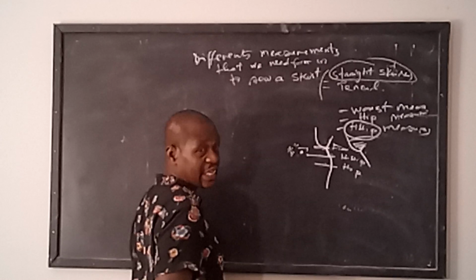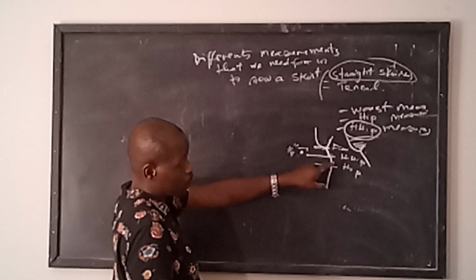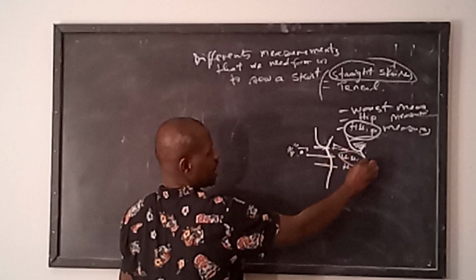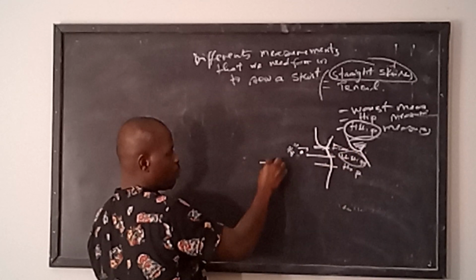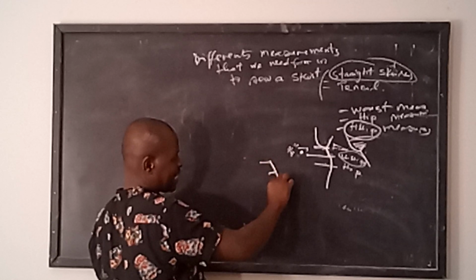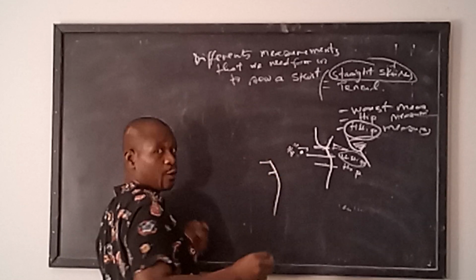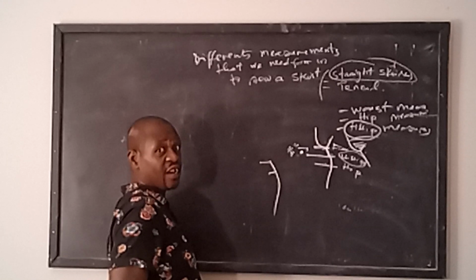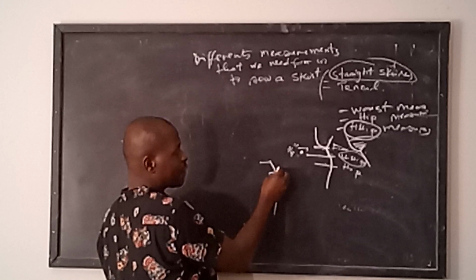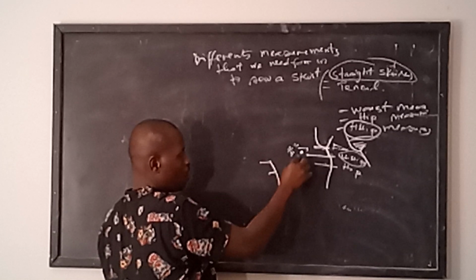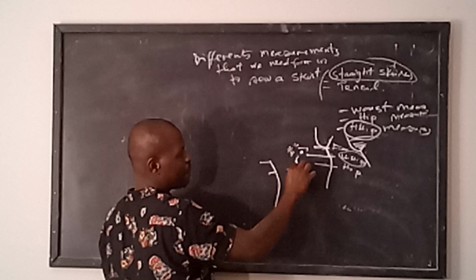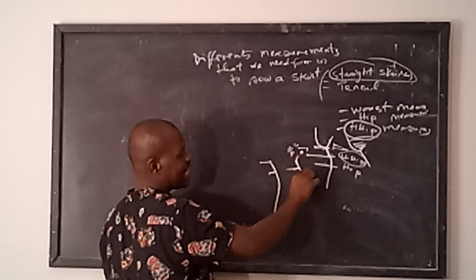On a mannequin it can be possible to connect the waist, the high hip and the hip, but in practice it's difficult, because most of the time ladies don't really have this form. The waist must be smaller than the high hip, and the high hip must be less than the hip.